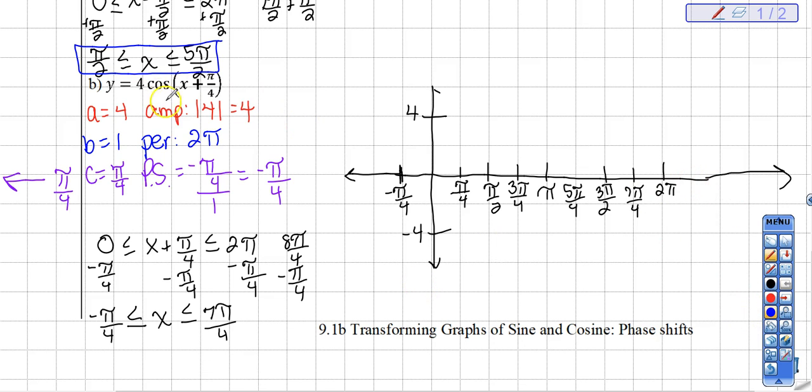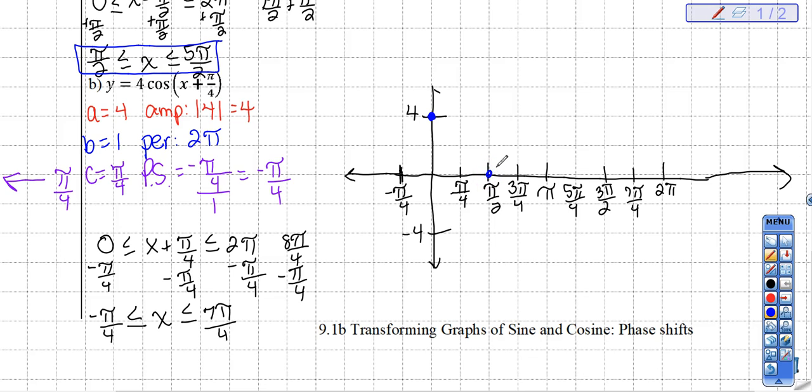Okay, so we'll graph the cosine function from negative pi over 4 to 7 pi over 4, which is a period of 2 pi. Now, you might have to imagine what's happening here by sketching out a couple points of the cosine function without any phase shifts. Like a cosine function with an amplitude of 4 would start at 0, 4, and then pi over 2, 0.